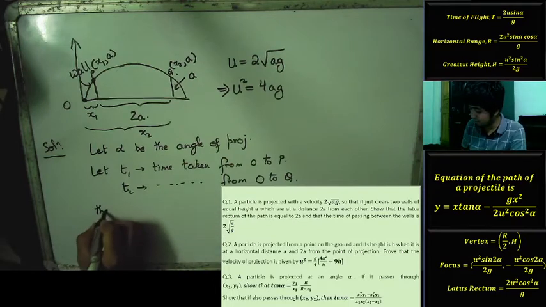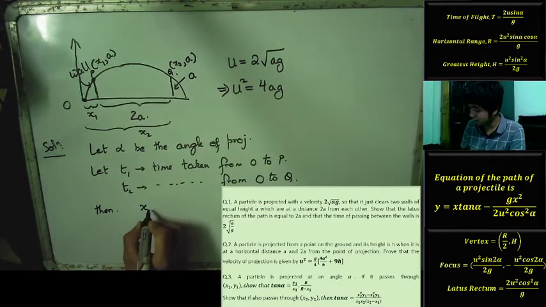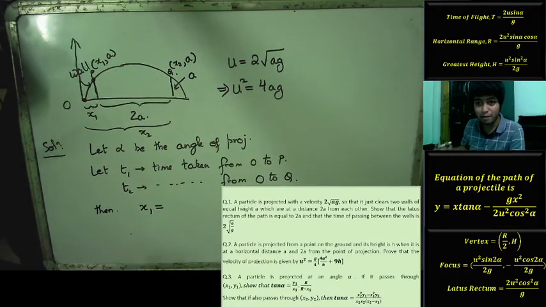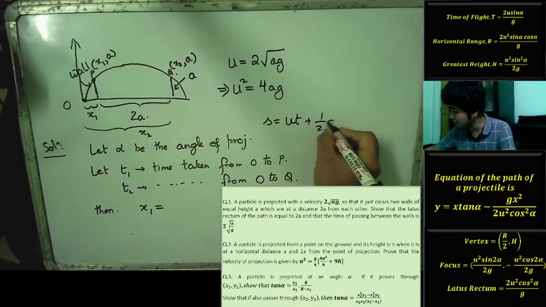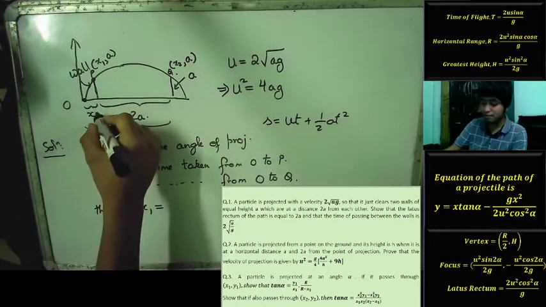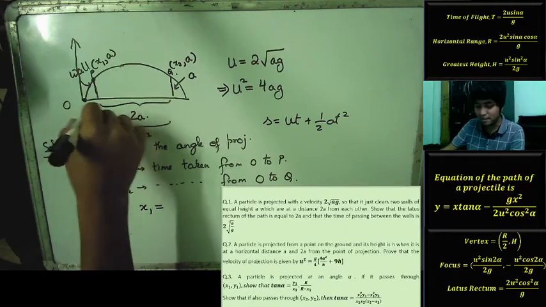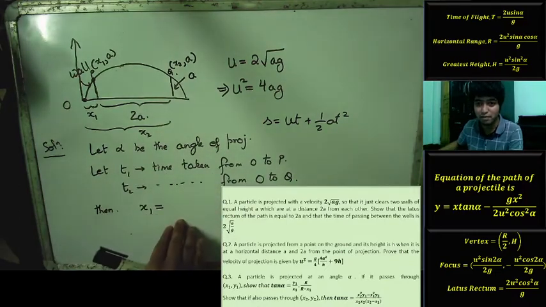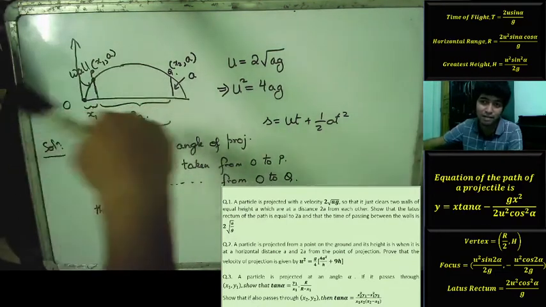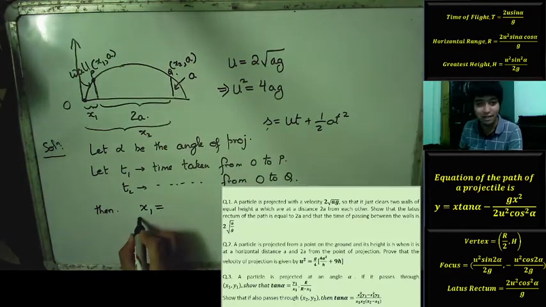Then what can we have over here? So x1. If you remember, the second equation of motion says s equals ut plus half at squared. But x1 is the horizontal distance, so we will be using the horizontal velocity. The acceleration due to gravity in the horizontal direction will be 0. So instead of s, I am putting x1.